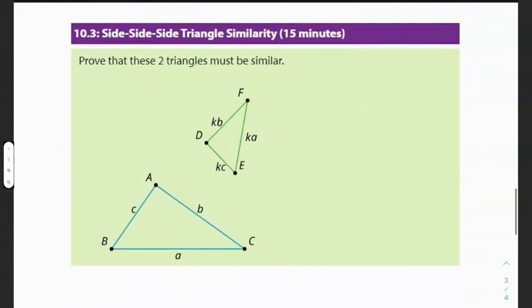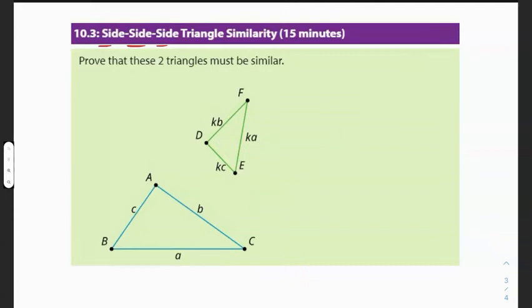All right, prove that these two triangles must be similar. Okay, so let's look. Did they give us any angles? No, but they did give us three scaled sides, which is interesting because now they're giving us side-side-side triangle similarity, unlike side-side-side triangle congruency.